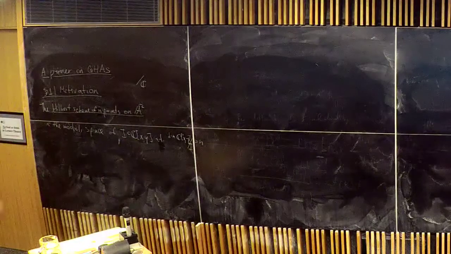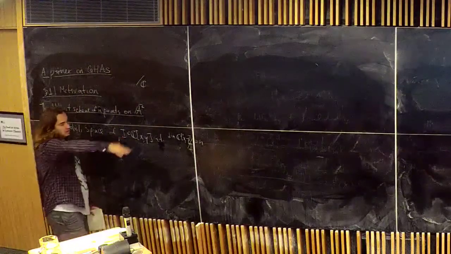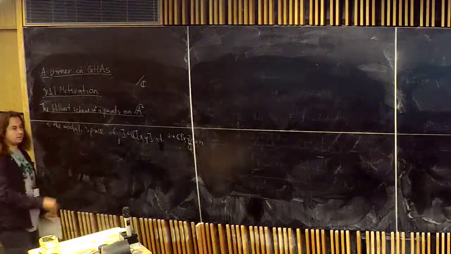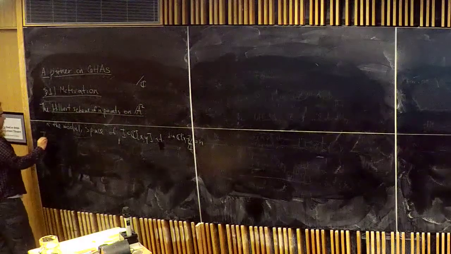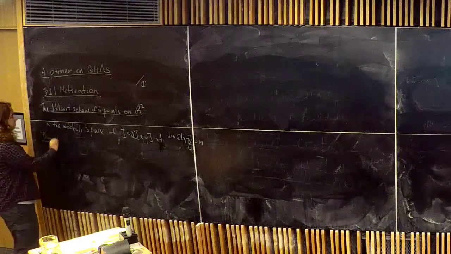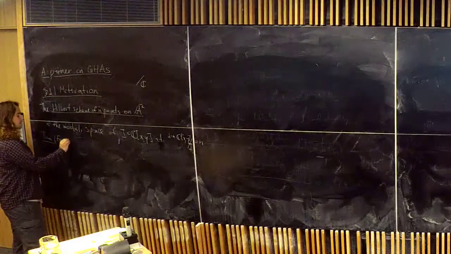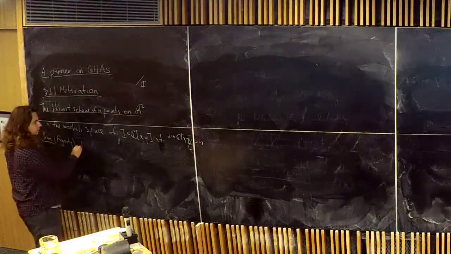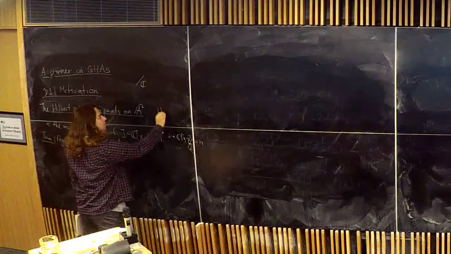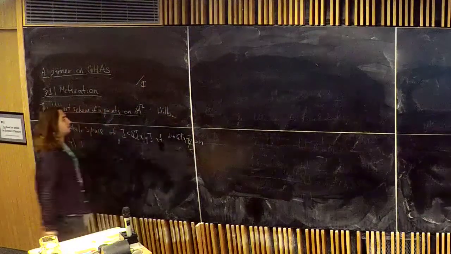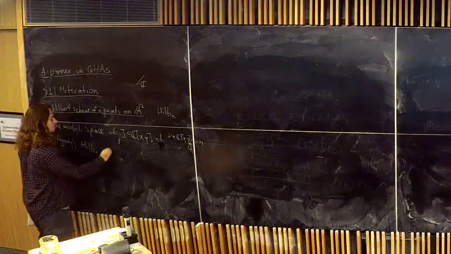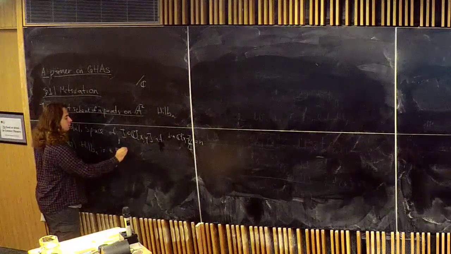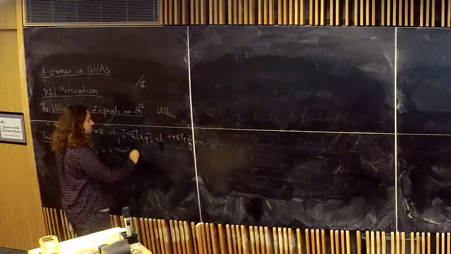So you should think about this as n embedded points in the plane, like an embedded subscheme. So we know, it's a very classical result, that this moduli space, let me call it Hilb_n, is a smooth quasi-projective variety.